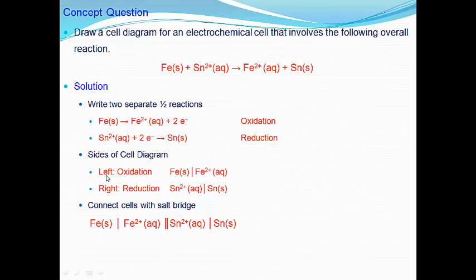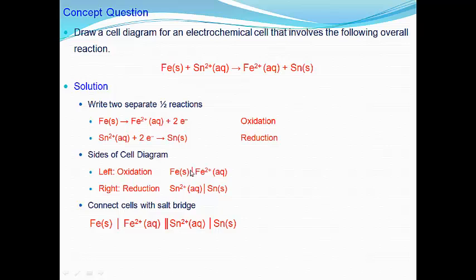On the left hand side, we know that it's typical for oxidation, and so we write the ions on the inner side and then the metal on the outer, and the same thing for the right, which is the reduction side. We have the ions on the inner side and the metal on the outer side.